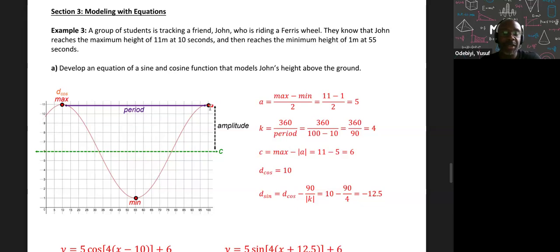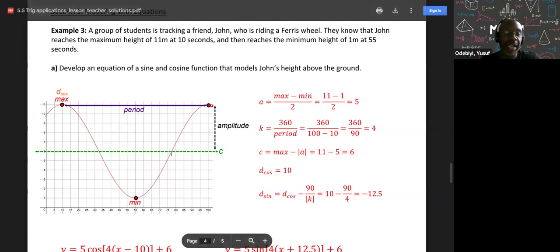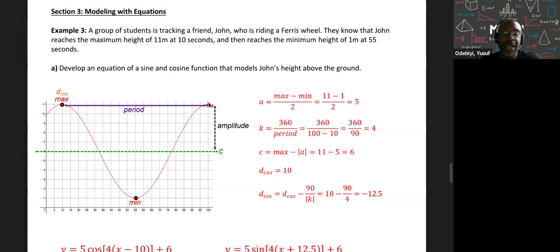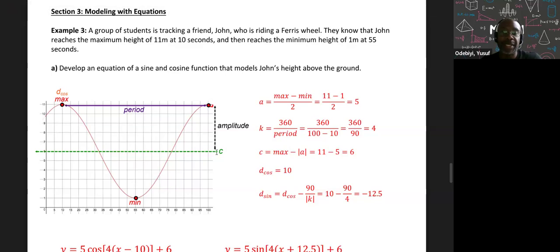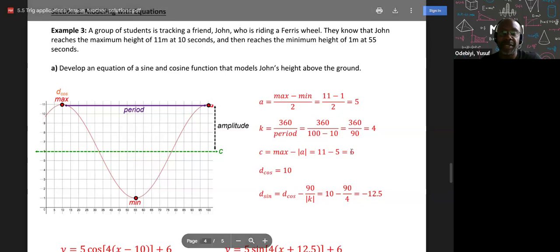Remember, C is the center line. So my max is 11 meters minus my amplitude, which we said was 5. That means my C is going to be 6.